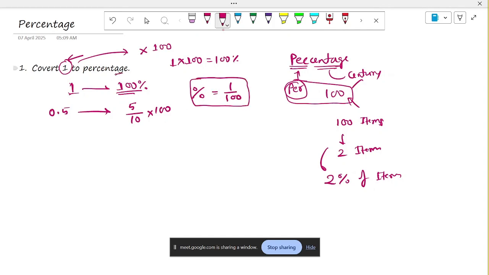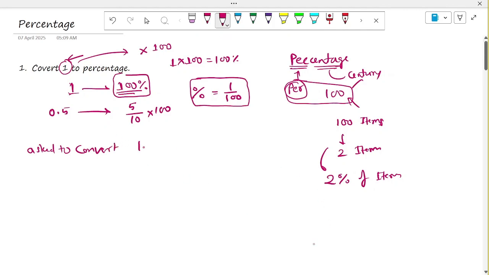You just see here. Now if you have got 100%, if you are asked to convert 100% to number, what you will do is you will just replace this percentage symbol with the value given here.